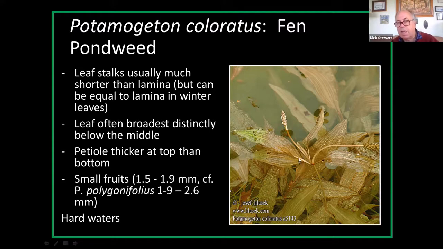So just underneath the leaf, the leaf stalk tends to get wider and get narrower as it gets towards the stem. I'll come back to these characters later, but also they have smaller fruits. Coloratus has smaller fruits than polygonifolius.